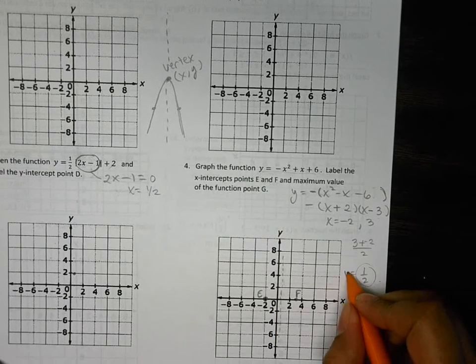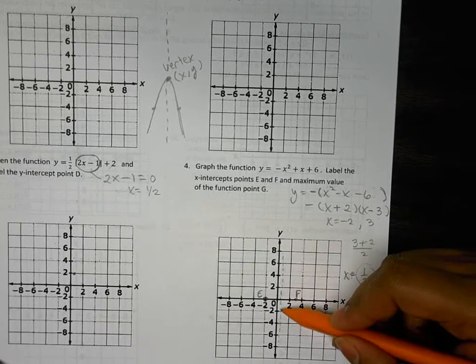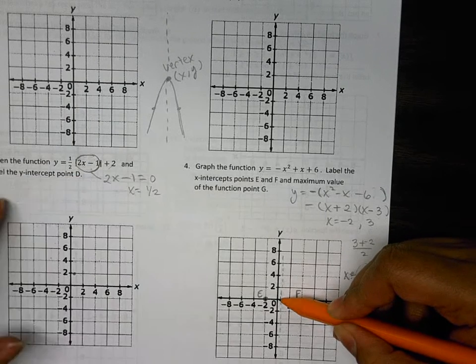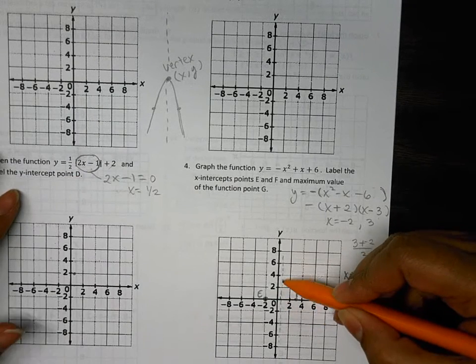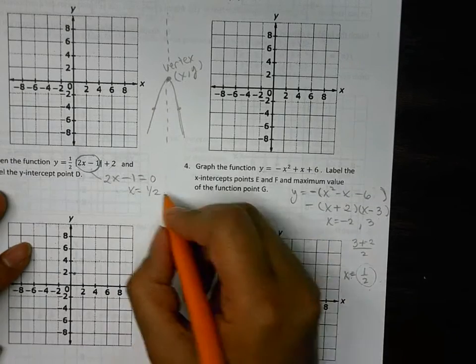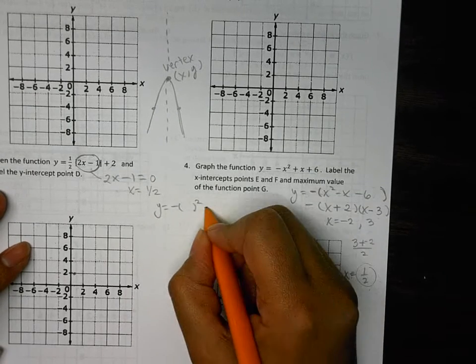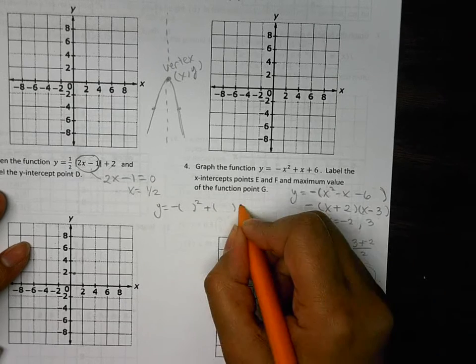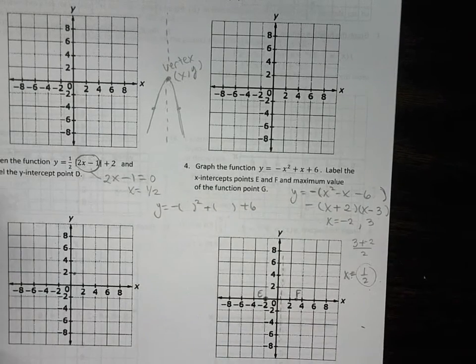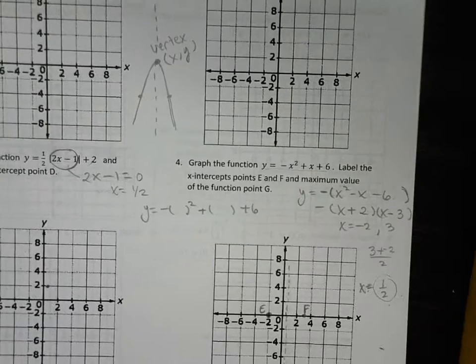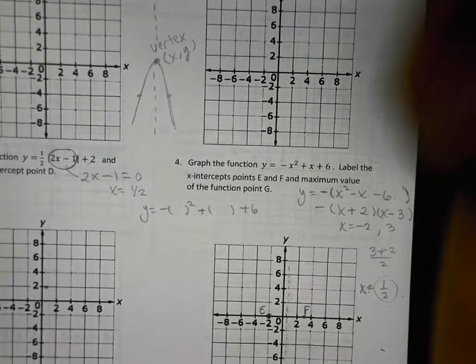Plug it in. Do you agree x equals 1/2? If I plug it in, I can find the corresponding y value. Y equals negative parentheses squared plus parentheses plus 6. I don't know why they do this to you on the SBAC, but they throw these fractions in. I guess they figure you're old enough, you can handle it.